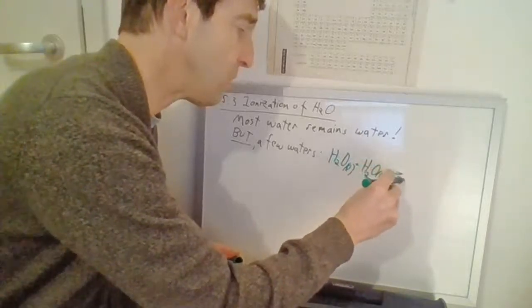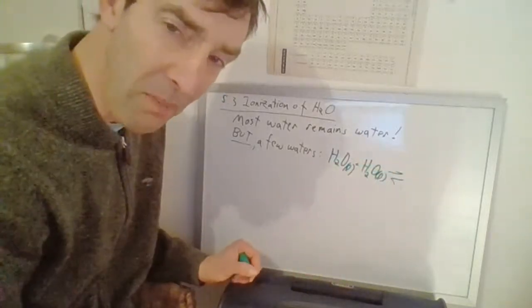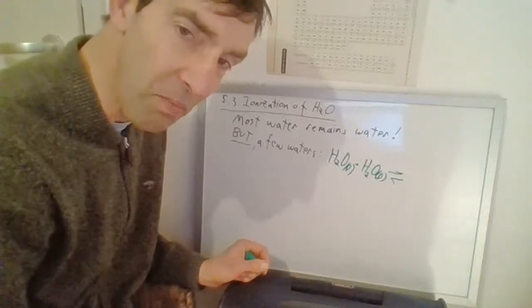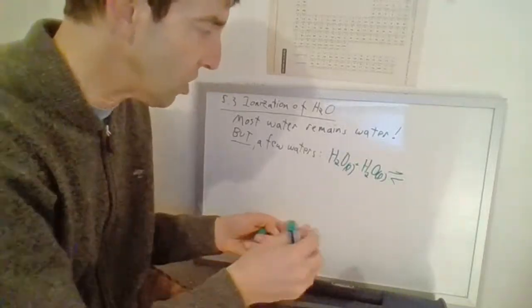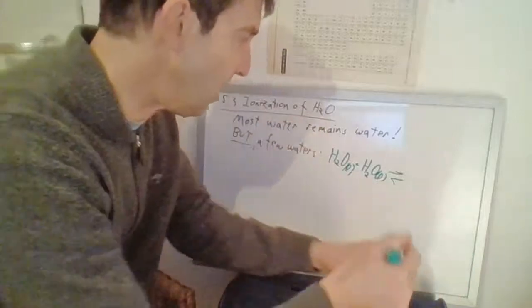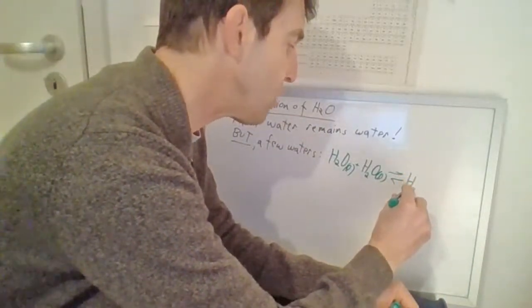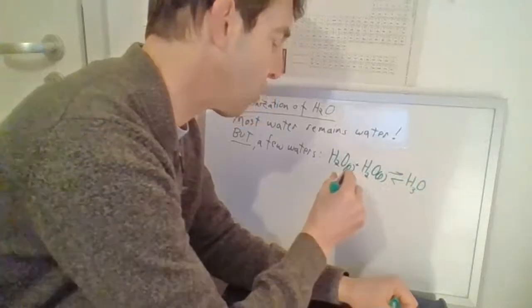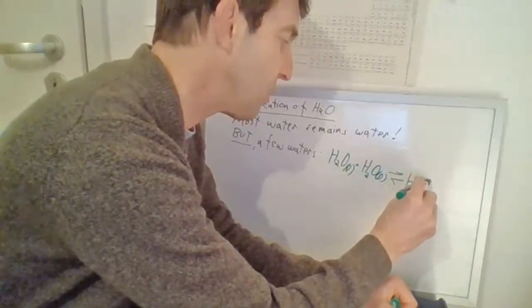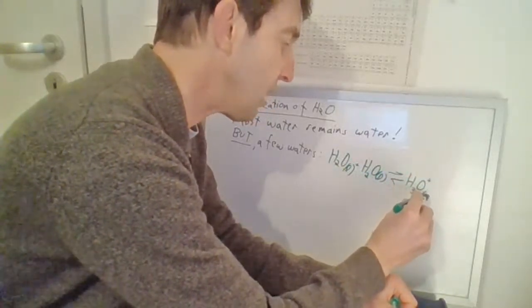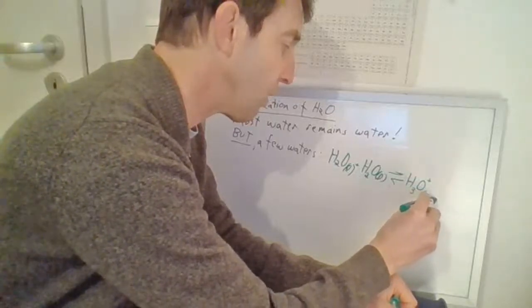And then what they do is one of them grabs an H plus from the other and leaves behind an OH minus. So it rips the other one apart. Oh, painful. So I got H3O plus. So one has gained an H plus. And now it's aqueous because it's floating in the water.